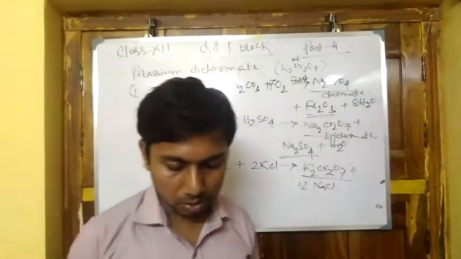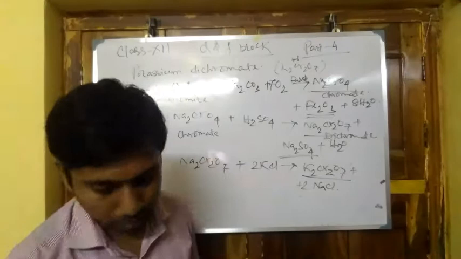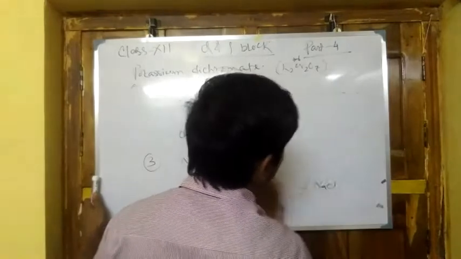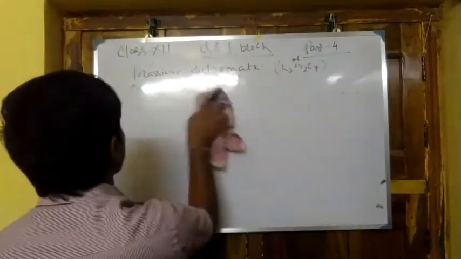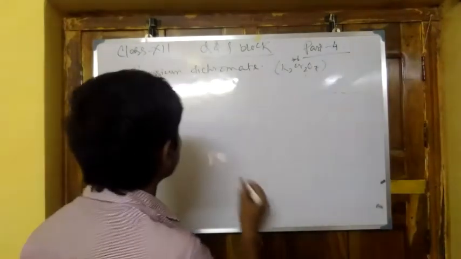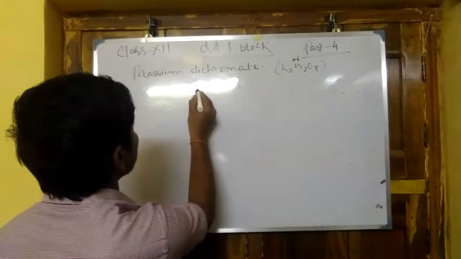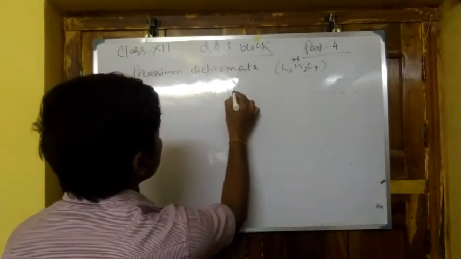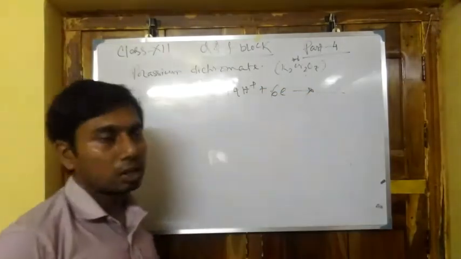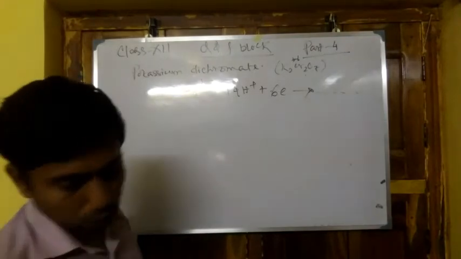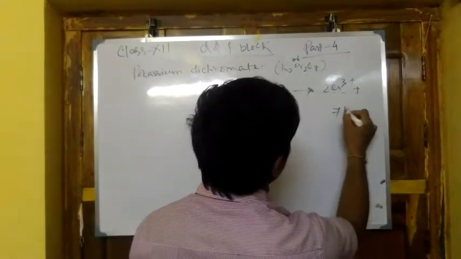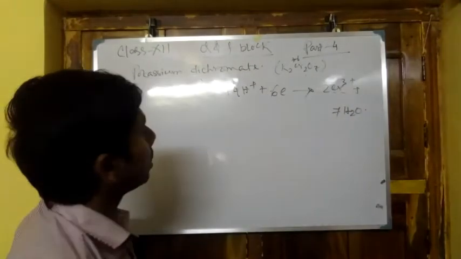Now the reactions. First of all, in acid medium, the reaction is Cr2O7 2 minus plus 14H plus plus 6e minus, which will reduce to form 2Cr3 plus plus 7H2O.